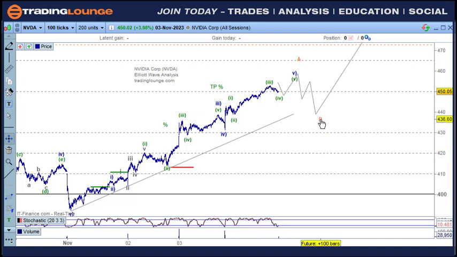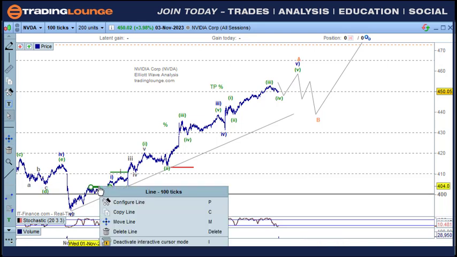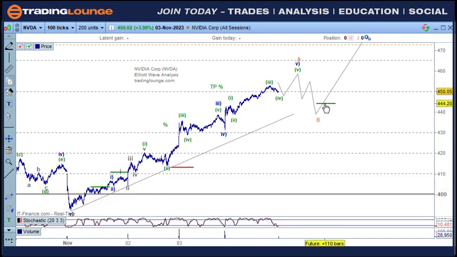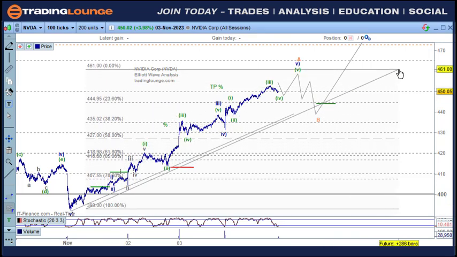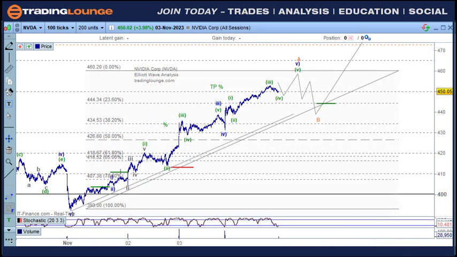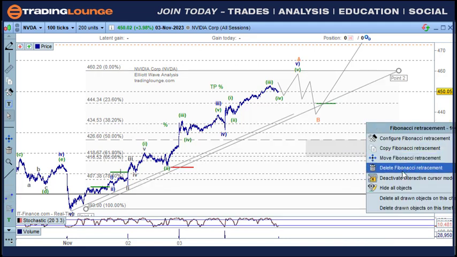Once this tops here, we'll be looking for the B wave in this, and then we're also going to look to build in long again over here. Technically this can move back. If that moves up to, let's say, 460, then this market could pull back to the 50-60%. I don't think it will, but it can.